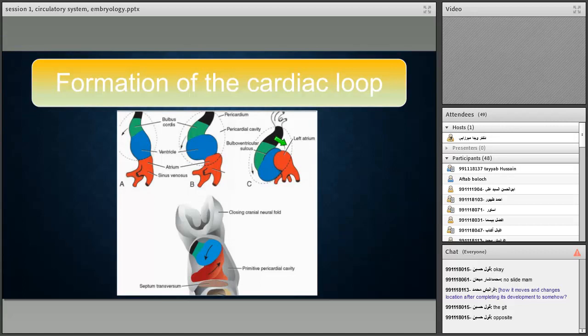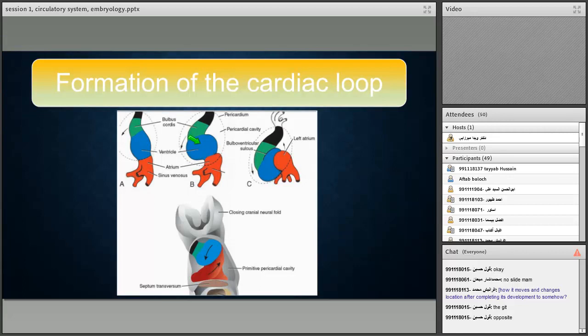Look here, we have the atrioventricular junction. This is the common atrium, we don't have two atria here, okay? Just a common atrium. And here we have the atrioventricular junction between the red and the blue side.